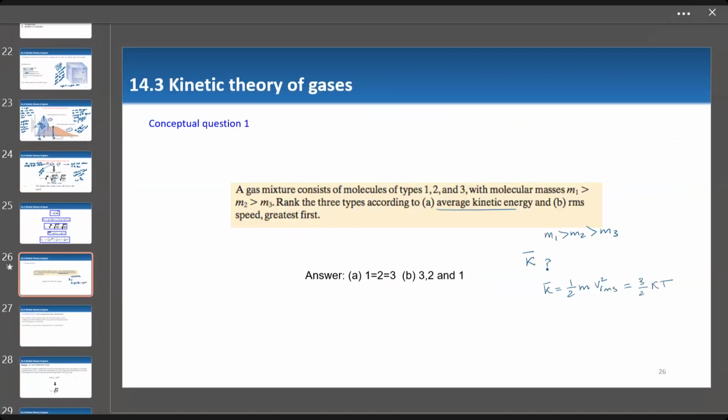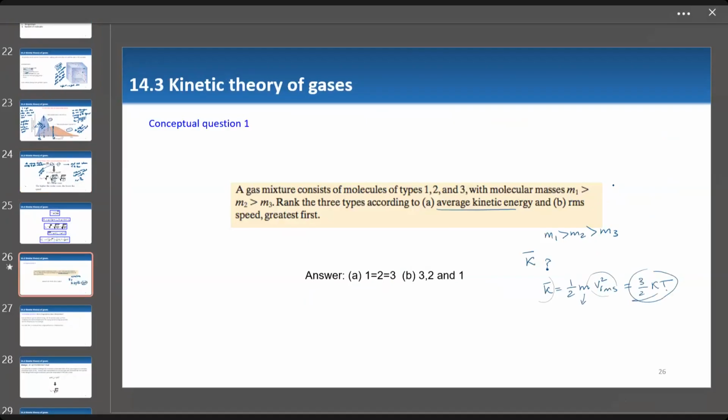So one thing I noticed, I have different masses here. But if I want to compare K, I need to know what's happening to VRMS as well. And I'm not sure what VRMS is for each one of these. So I'm not sure if I can use this side of the equation, but I can use this side. In this side, everything is constant and my only variable is the temperature.